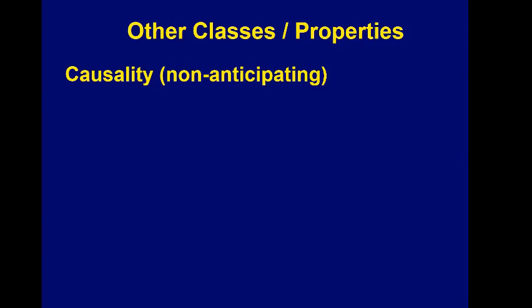Beyond those, the other property that we're interested in, which was critical in continuous time systems for physically realizable systems, was causality. A causal system is one that can't anticipate. It doesn't need future information in order to operate.